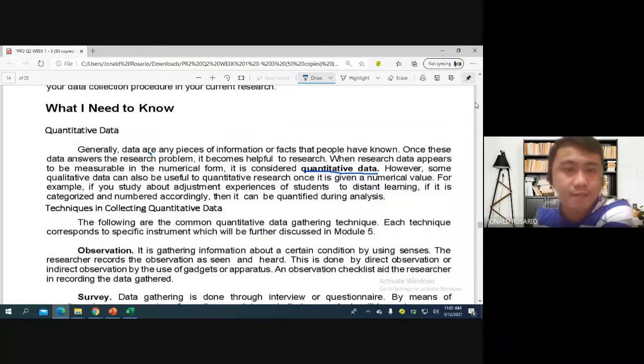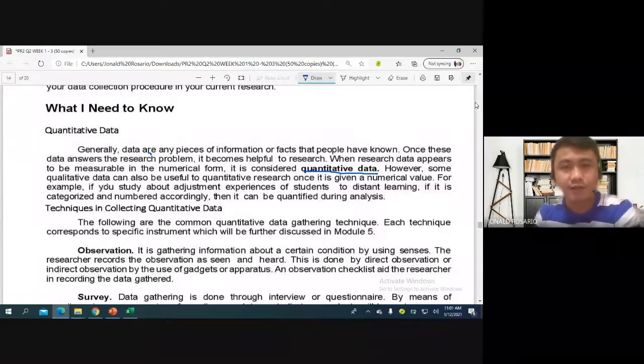However, some qualitative data can also be useful to quantitative research once it is given a numerical value. For example, if your study is about adjustment experiences of students to distance learning, if it is categorized and numbered accordingly, then it can be quantified during analysis.